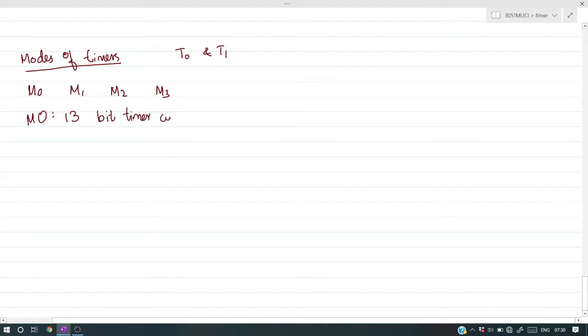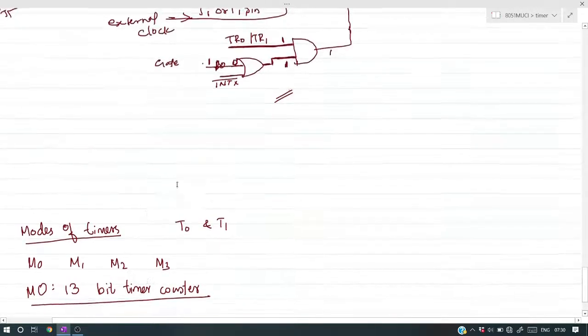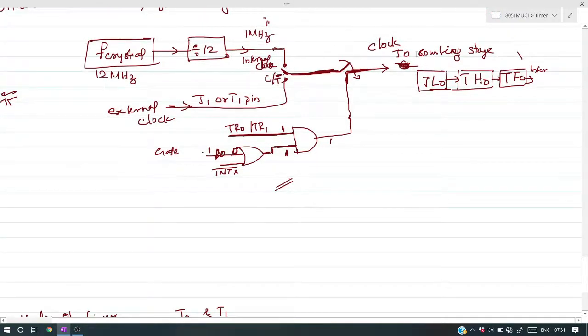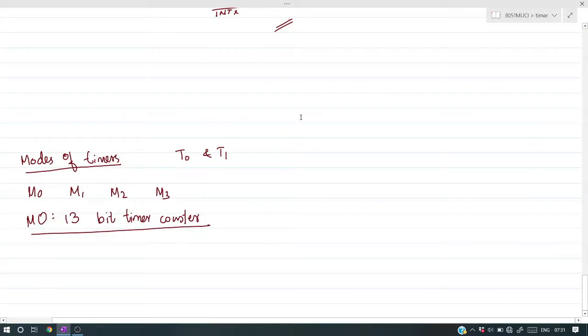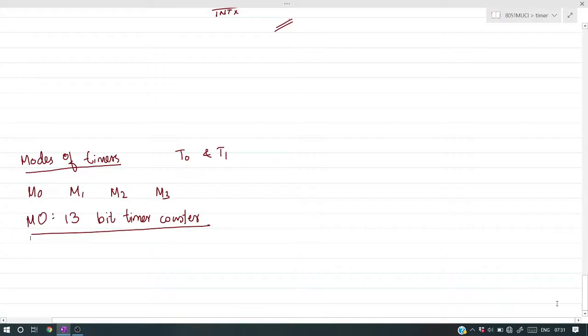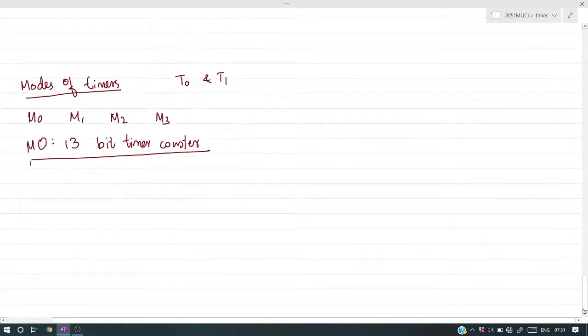In this mode, please note the clock to the counting stage. So the input to the counter is coming from here. First of all, let's see the block diagram. The clock is coming from that stage, so first you need to mark the clock.